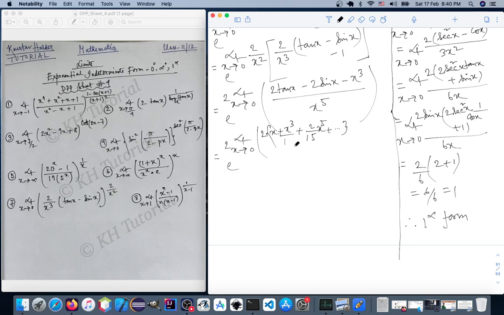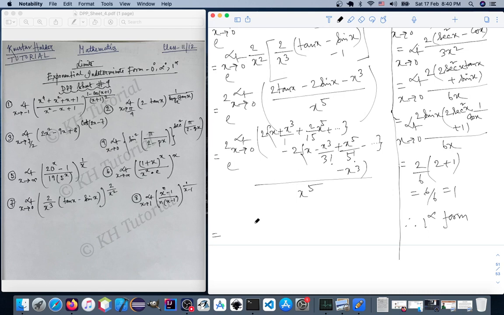Minus the expansion formula of sin x, which is x minus x cube by 3 factorial plus x to the power 5 by 5 factorial minus and so on. In the end, we have x cube divided by x to the power 5.